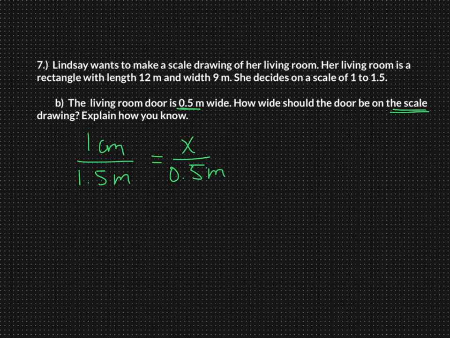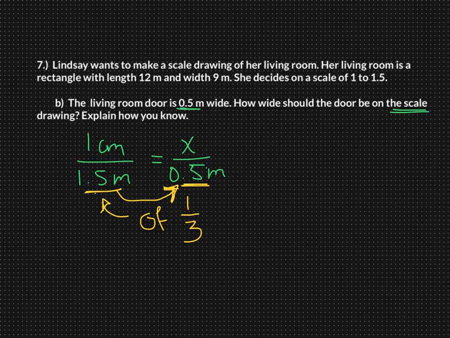This one looks a little bit more difficult because I need to figure out what do I multiply 1.5 by to get 0.5. You should notice, hopefully, that 0.5 is 1/3 of my 1.5.